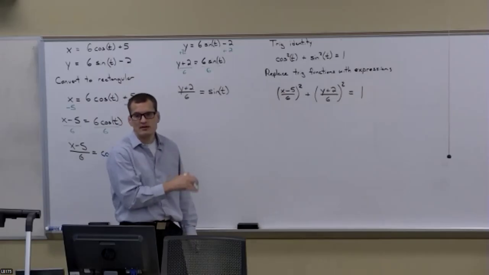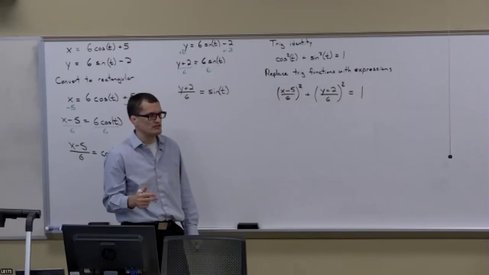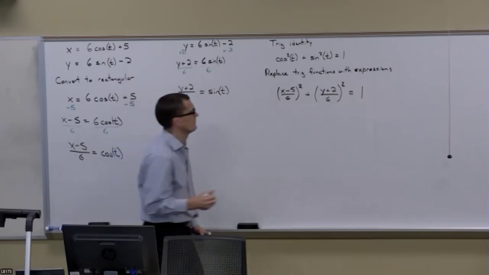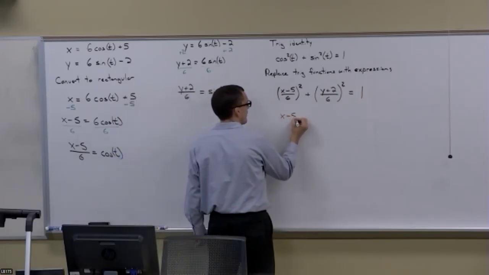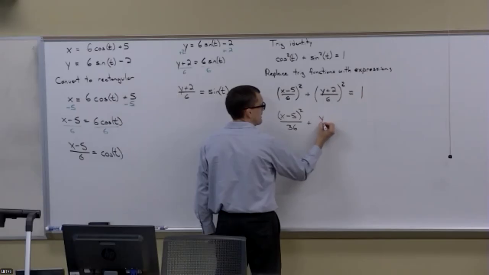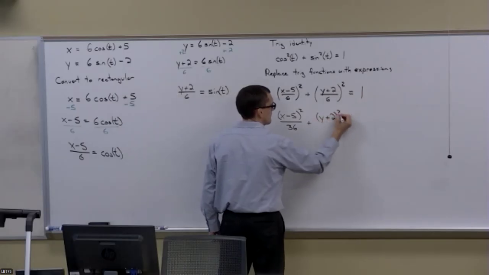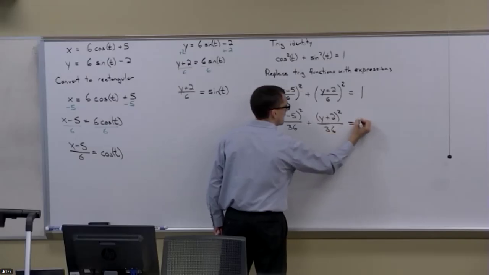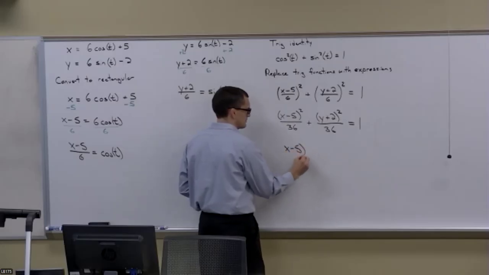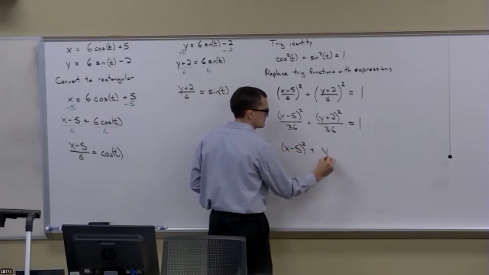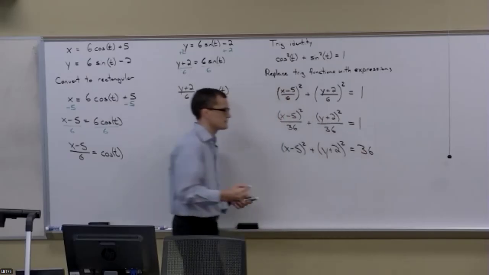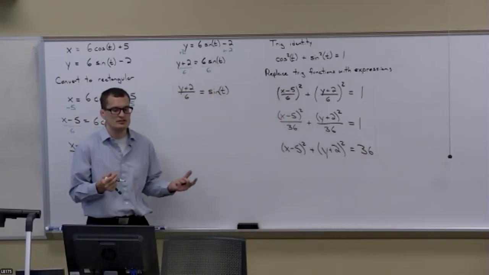Now I could stop here if I want. I'm going to do a couple extra steps just to show you what this is and what we've just found. If I square the numerator and denominator, and then multiply both sides by 36, I get this equation.